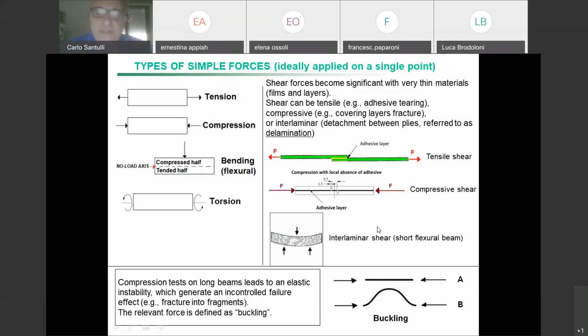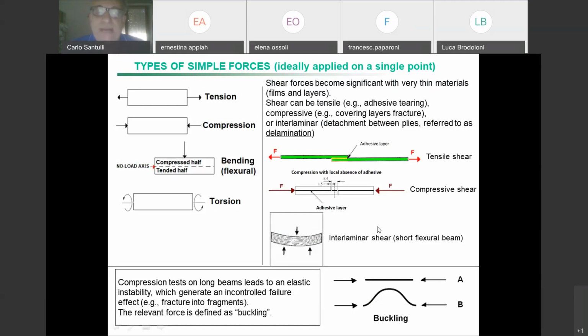For example, if you pull and the adhesive layer becomes detached, you may have two layers which are bonded by an adhesive layer. You may pull and the adhesive tends to tear, so it breaks by tension.